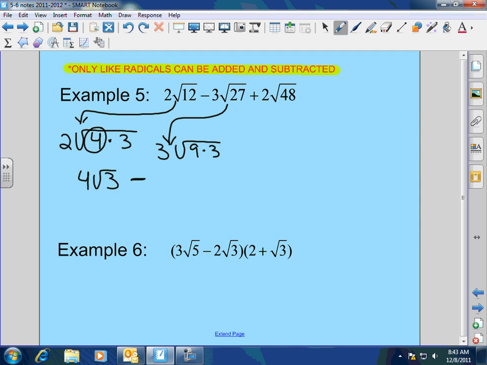The square root of 9 is 3. 3 times 3 is 9, radical 3. And last but not least, I got 2 times square root of 48, which is 16 times 3. So I have 2 times the square root of 16, which is 8, radical 3.